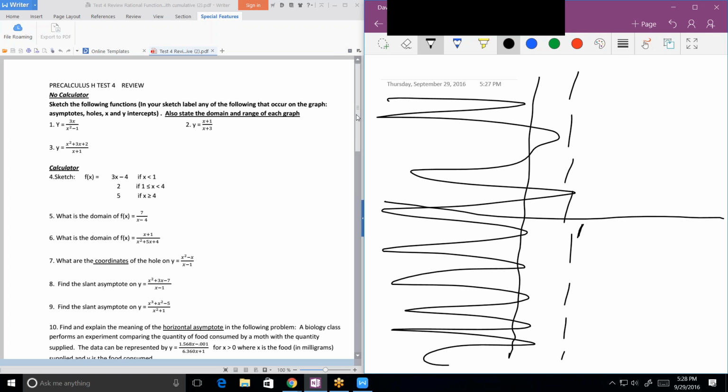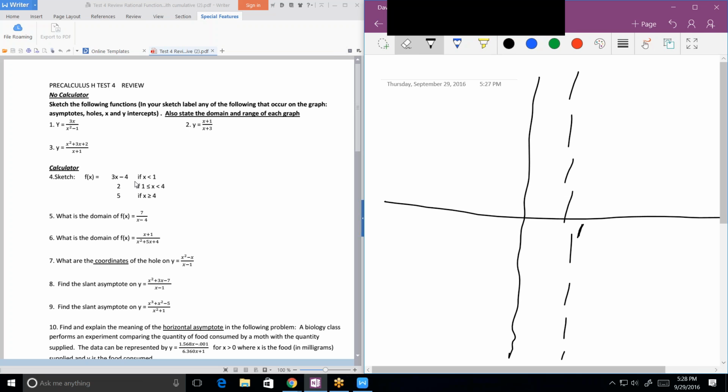In other words, everywhere where you see my horizontal scribbly line, I'm going to graph the function 3x minus 4. Well, that's a pretty easy function to graph. How do I graph that? Where do I start? You find the y-intercept is at -4, and it has a stretch factor of 3.